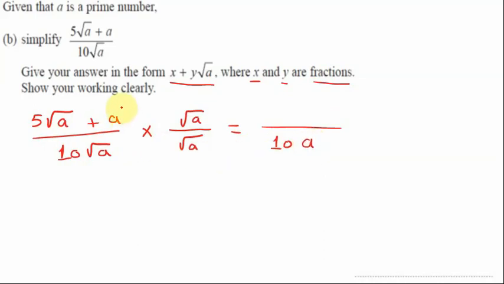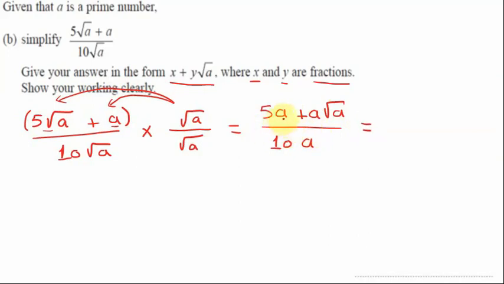In the numerator, here we will put the first numerator in brackets. We have two terms, so we are going to use the distributive property. Multiply by the first term and multiply by the second term. So root of a times 5 root of a will give me 5a, plus root of a times a will be a root of a. Okay, we need to simplify more.